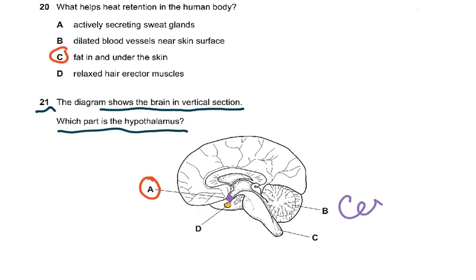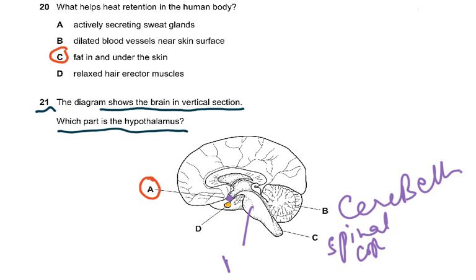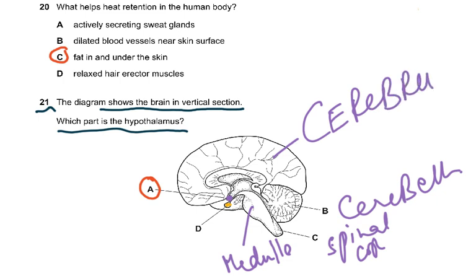B was cerebellum and C was the spinal cord, because this part would be the medulla and this part would be the cerebrum. So that is why the hypothalamus is the area. D was the pituitary gland. So D was pituitary gland and just above D is the hypothalamus. So that is why A was the hypothalamus.